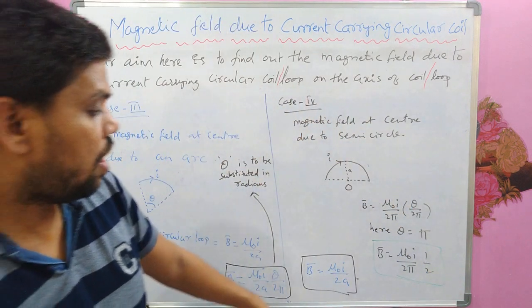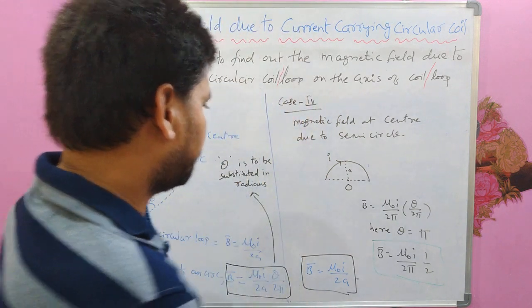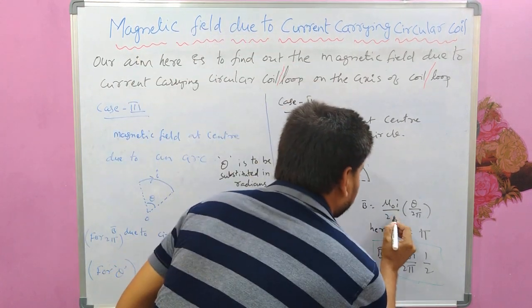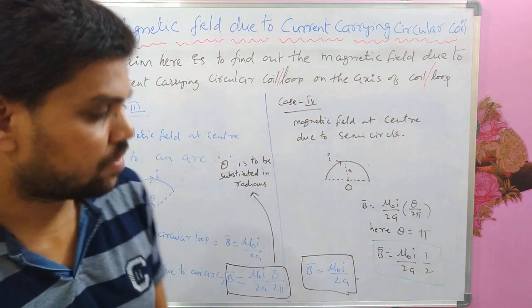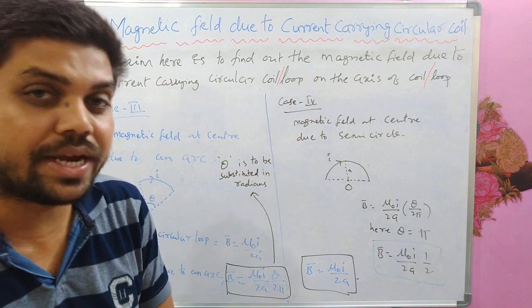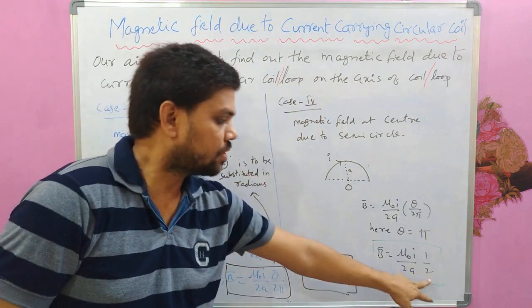Wait, it is not 2 pi, it is A: mu naught I by 2A. So it is half of the total magnetic field produced by a current carrying coil.